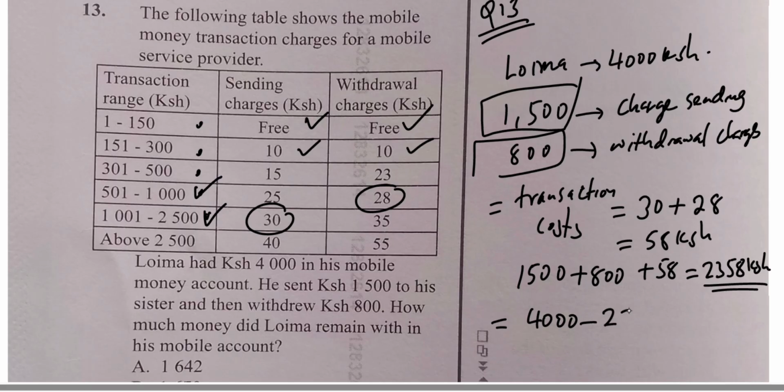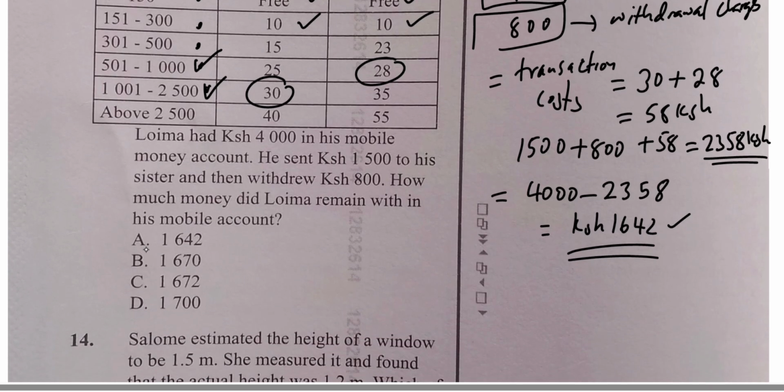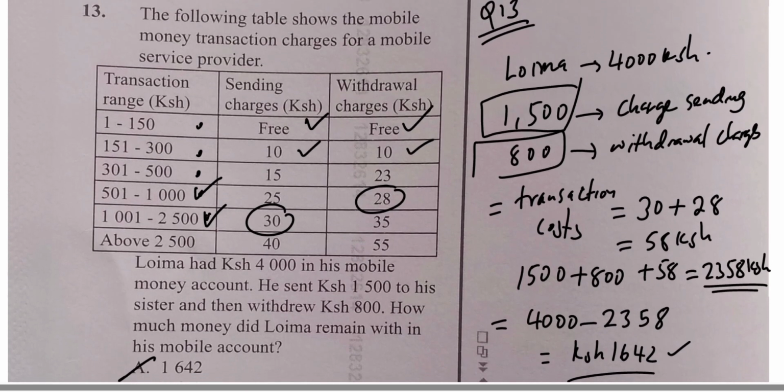That gives 1,642 shillings, the amount of money he remained with in his account. So that's the answer. So that's question 13.